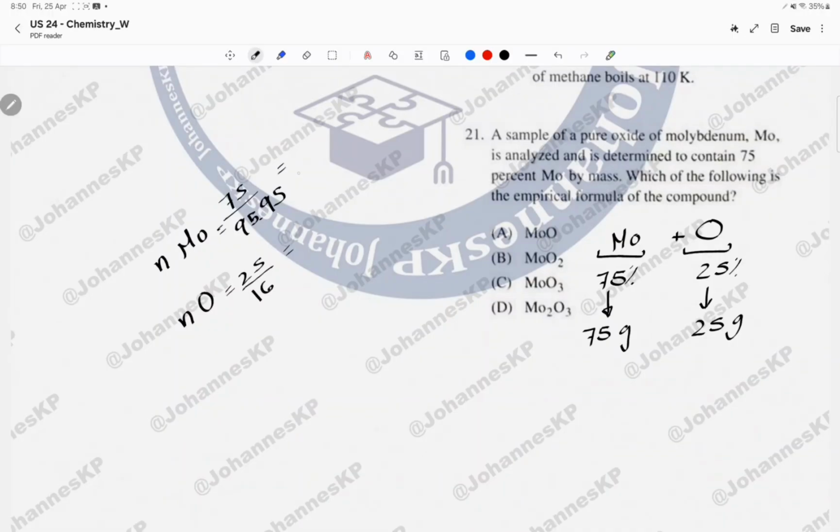So for the first one, I got 0.781. And for the second one, I got 1.56. Now, what do we do? Divide both by the least, which is the 0.781. So 1, and you're going to get 2. So MoO2.